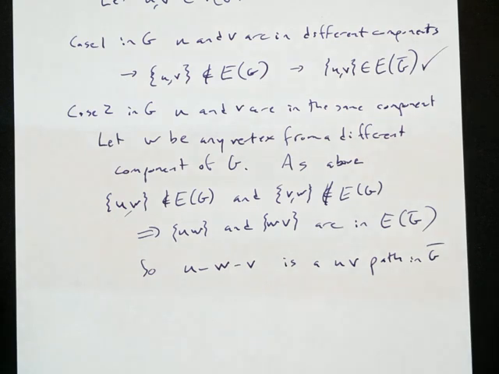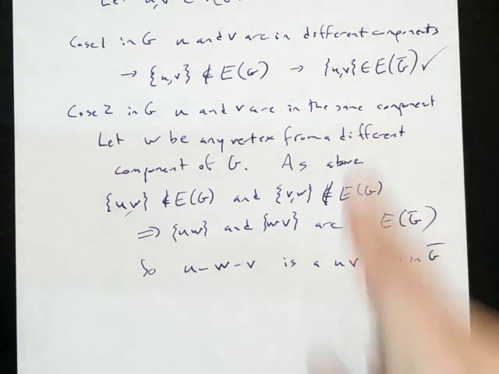Hey, wait a minute. You know what that means? That means the maximum possible distance between two vertices in G bar is 2. In case 1, the distance was 1. In case 2, the distance is 2. The complement of a disconnected graph is a graph whose diameter is very small.